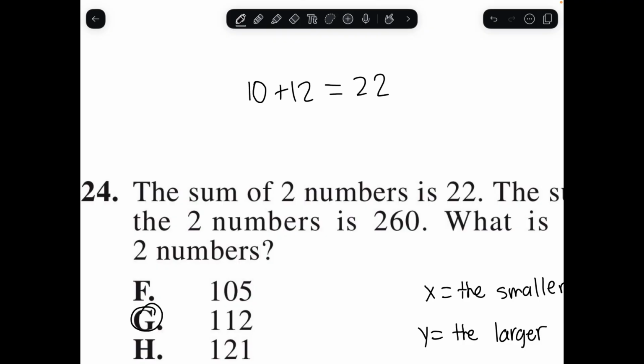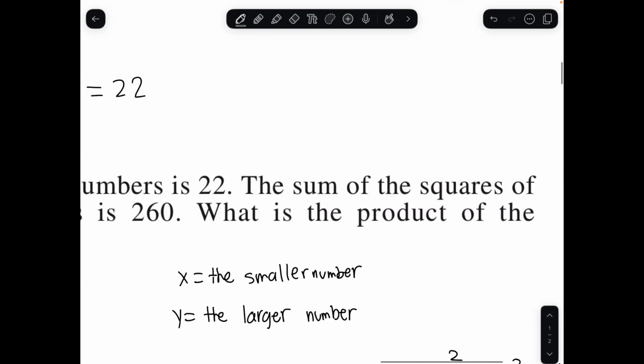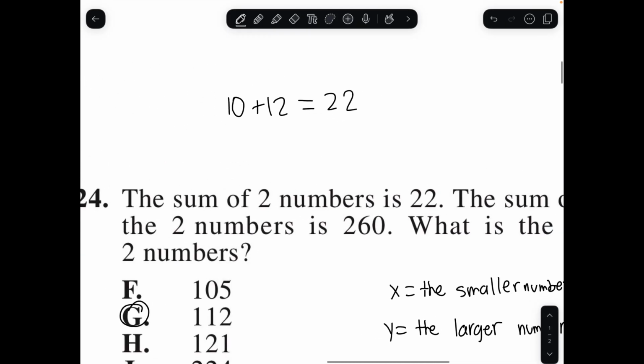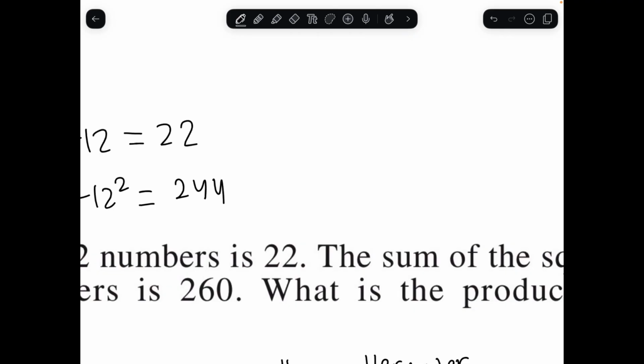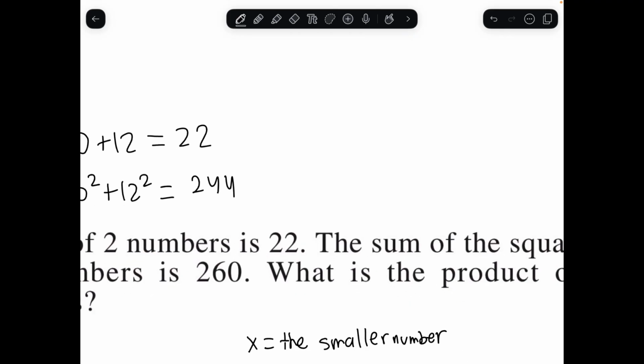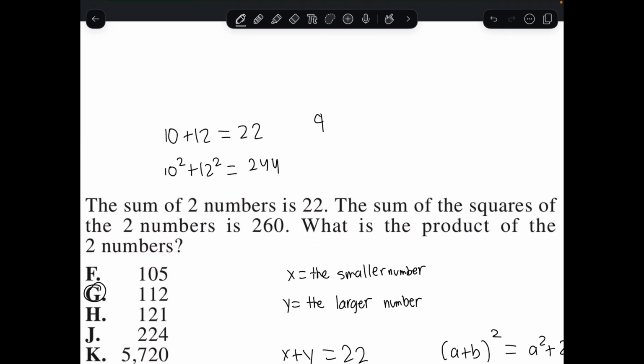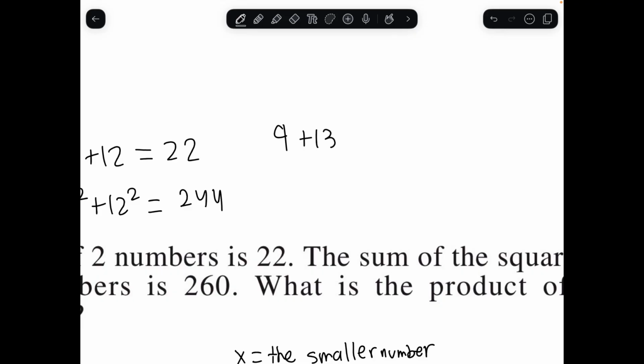And then the sum of the squares of the two numbers is 260. So you could verify that with like 10 squared plus 12 squared, which gets you 244, which is not what we're looking for. Then we could plug in like 9 and 13, 81 plus 169 is 250.